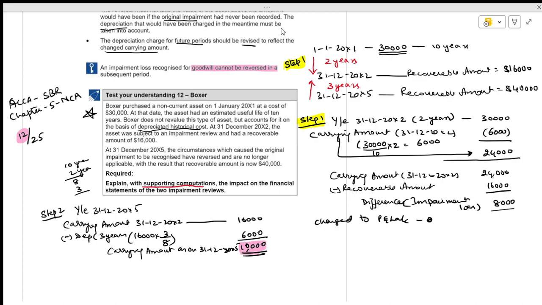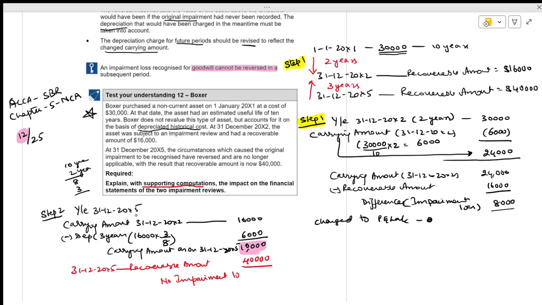Now they have a recoverable amount as on 31/12/2005. Recoverable amount is how much? Recoverable amount is more. Carrying amount is less. Recoverable amount is more, which means there is no impairment loss.